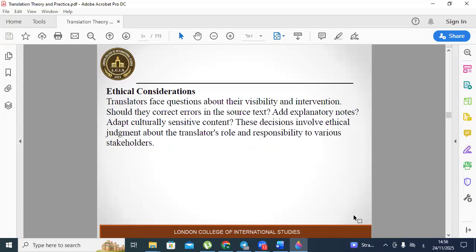Translators face questions about their visibility and intervention. Should they correct errors in the source text, add explanatory notes, adapt culturally sensitive content? These decisions involve ethical judgment about the translator's role and responsibility to various stakeholders.